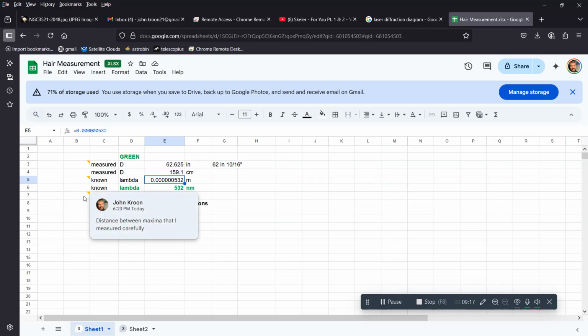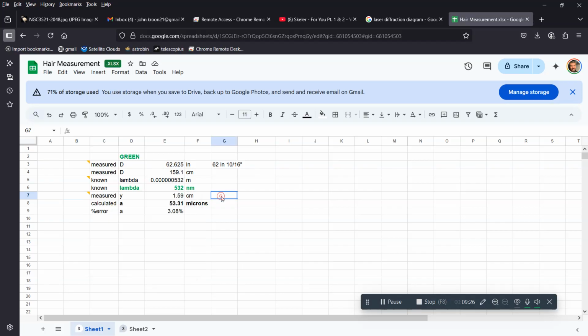And then we have the distance between the adjacent maxima that I measured carefully. And I did a couple on either side of the central and averaged them, and I got 1.59 centimeters. And so if you do all that, you find that this big number here is just to accommodate the nanometers and centimeters and get it into eventually what I want, which is microns, or millionths of a meter.